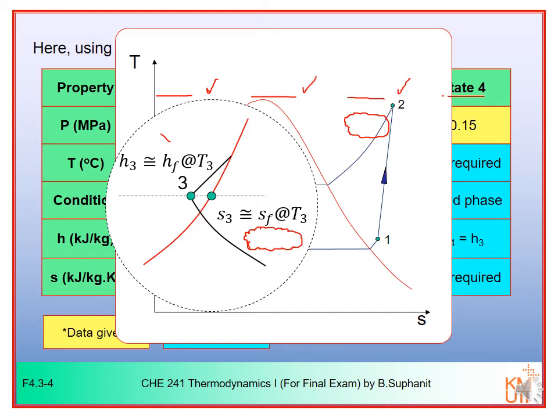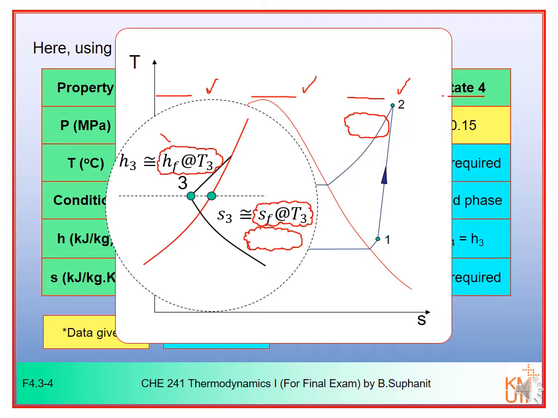So both properties, whether enthalpy or entropy, can be approximated by the enthalpy and entropy of the sat liquid at the same temperature. So enthalpy H3 can be approximated from the enthalpy of sat liquid at temperature T3, and entropy of the subcooled liquid can be approximated from the entropy of sat liquid at temperature T3 as well.